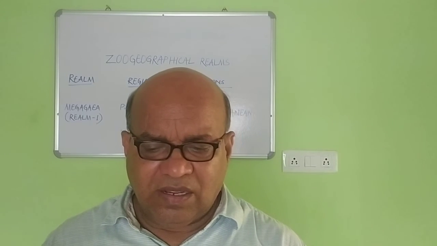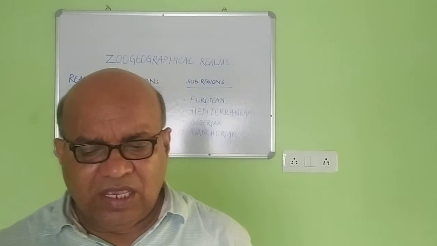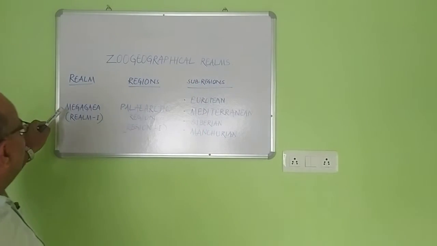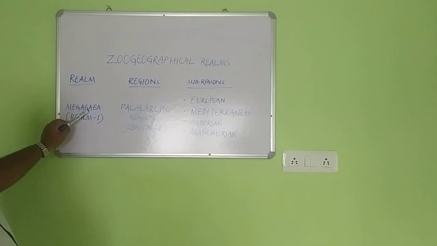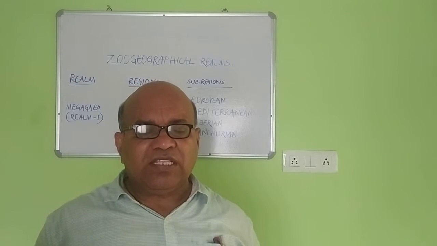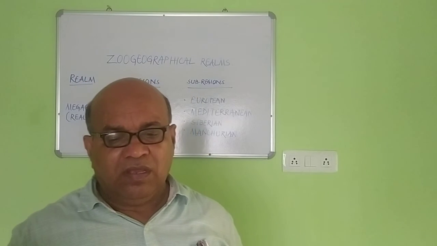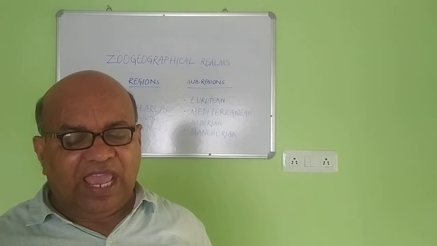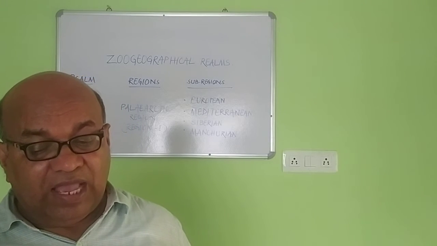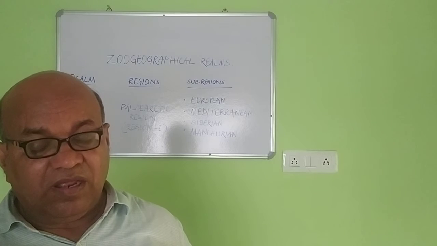Realm 1 is called Megagaia, M-E-G-A-G-A-E-A. Realm 2 is known as Neogaia, N-E-O-G-A-E-A. Realm 3 is known as Notogaia, N-O-T-O-G-A-E-A.